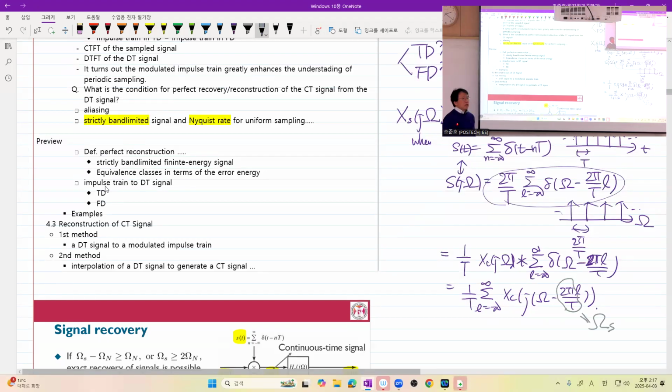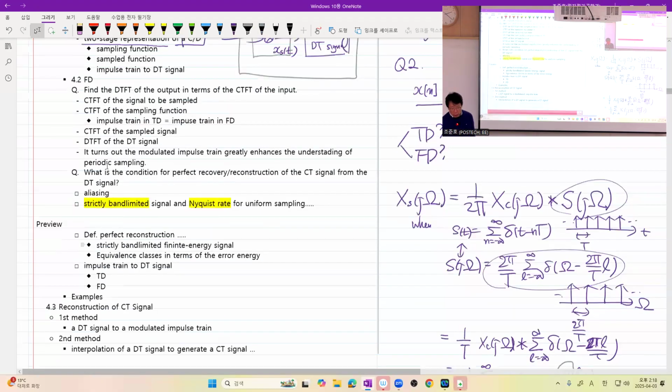So this is the sampling rate in radians per second. Got it? So far so good.